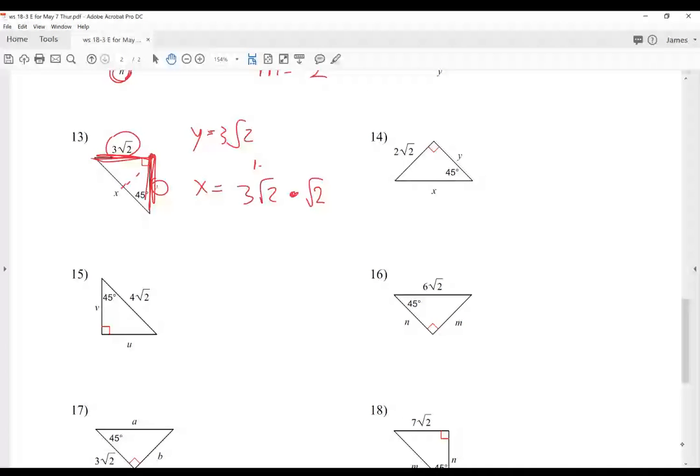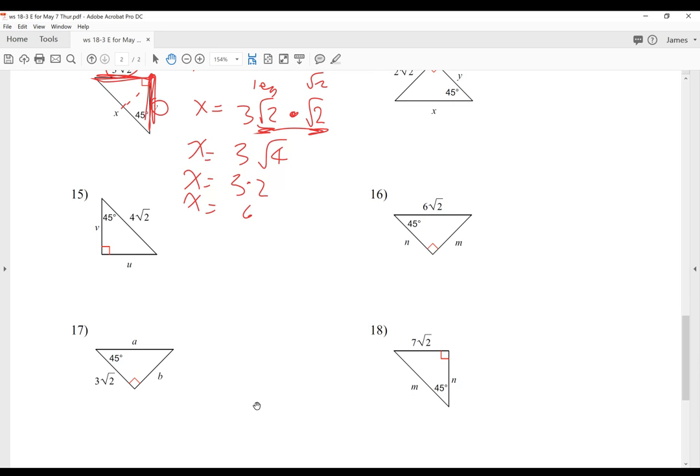That's the leg, and that's times square root of 2. So if you look at that, you could simplify this. So these two guys can be multiplied together. So 3 square root of 4. Square root of 4 comes out, becomes 2. And 3 times 2 is 6. You need to write all that. Well, you could skip steps, but now something different.